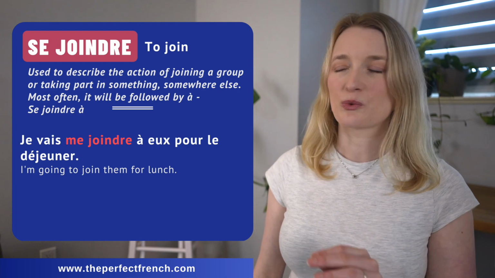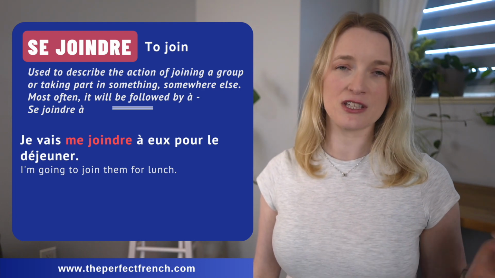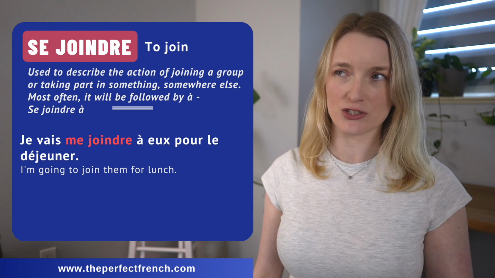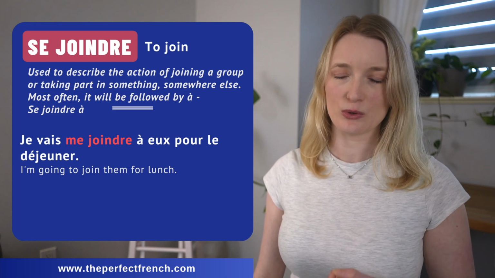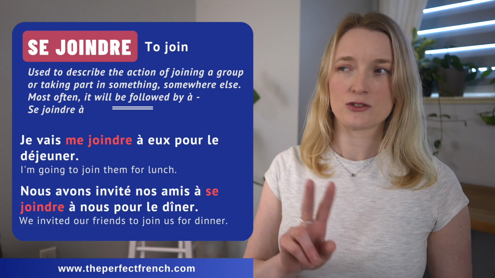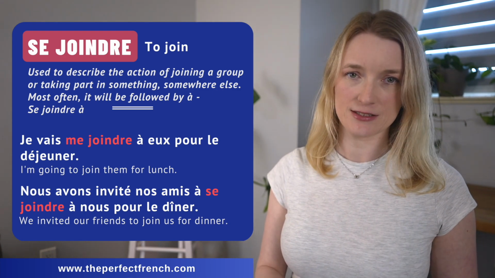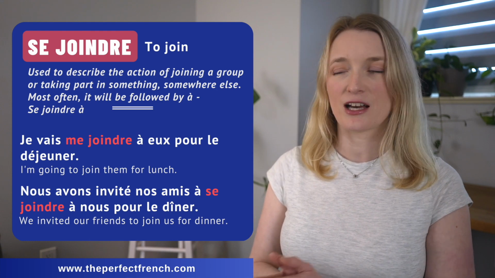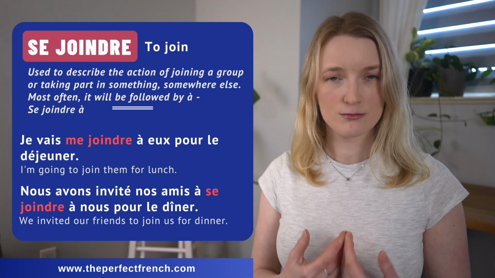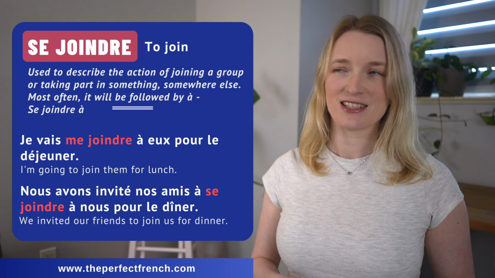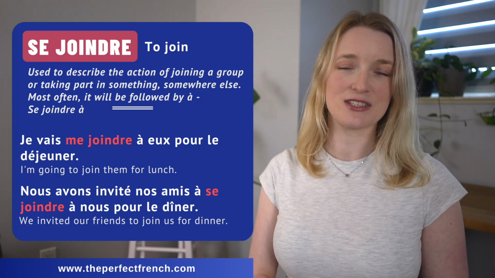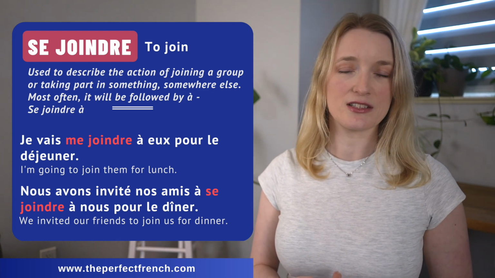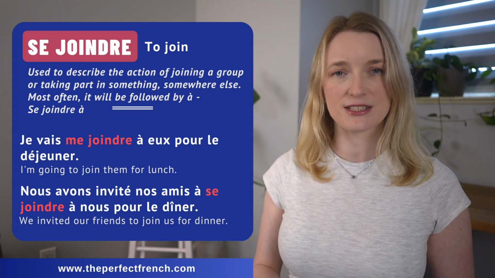Let's see. Je vais me joindre à eux pour le déjeuner. Second example and then we can talk about it. Nous avons invité nos amis à se joindre à nous pour le dîner.